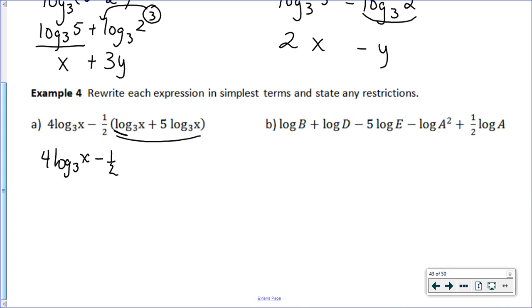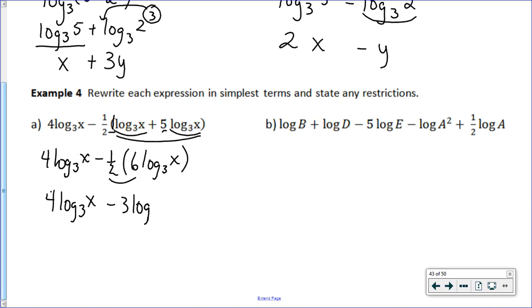Here I've got a log base 3 of x and 5 of the same. So that's really 6 log base 3 of x. I'm just adding this 1 and that 5 to get 6. And now what I might do is multiply the half times 6 to get 3. So I have 4 log base 3 of x minus 3 log base 3 of x.